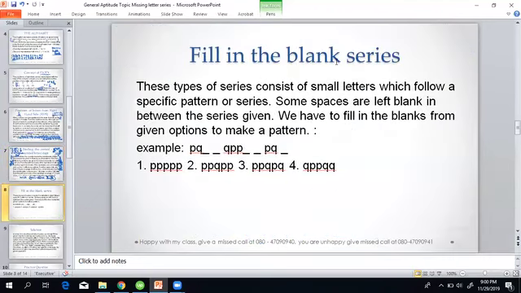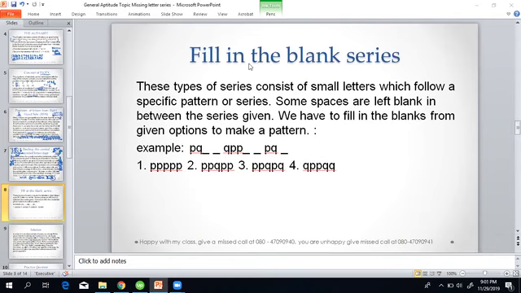Okay, next one is fill in the blank series. This type of series consists of small letters which follow a specific pattern or series.